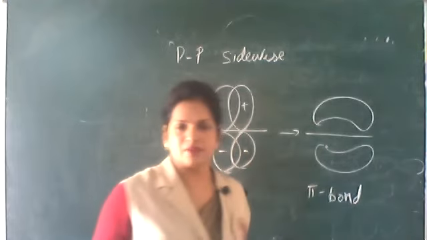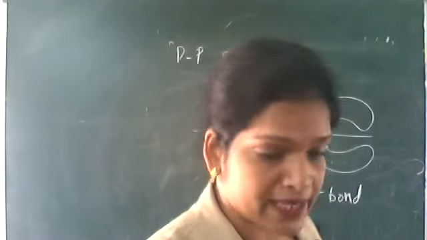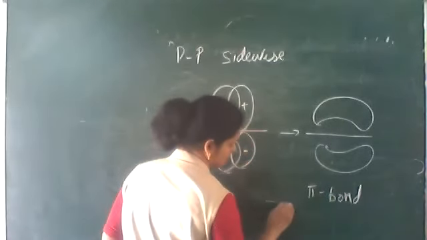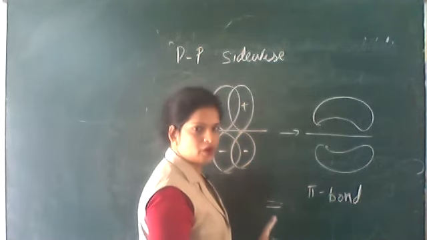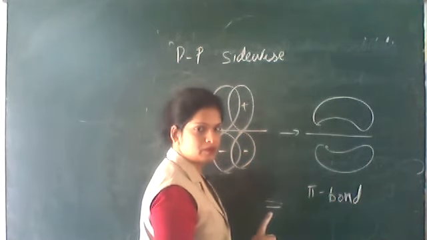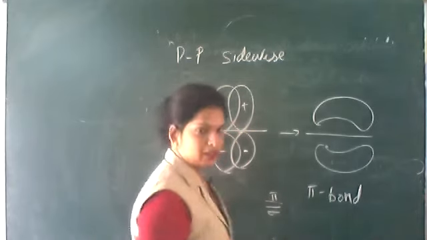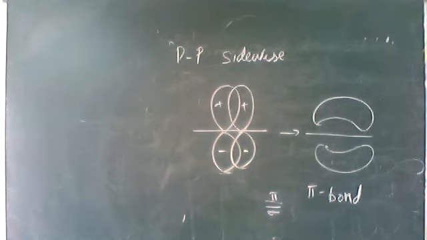But why is it a weak bond? Because it is not along the internuclear axis. We show it like this. One is sigma. A pi bond is always formed along with a sigma bond. First the sigma will be formed, then the pi will be formed. So one is sigma, one is pi. If a pi bond is there, you will see a double bond.